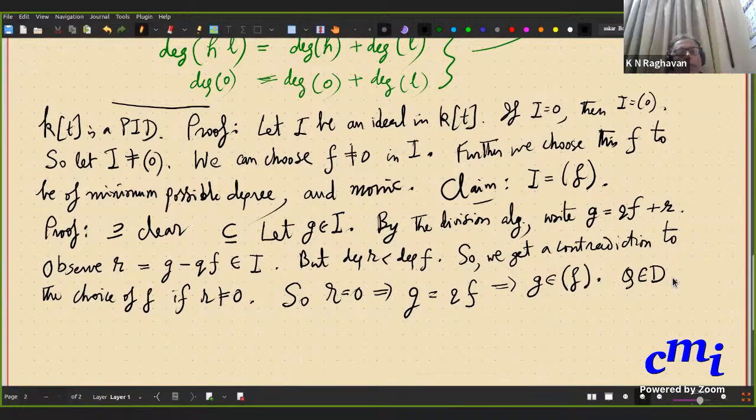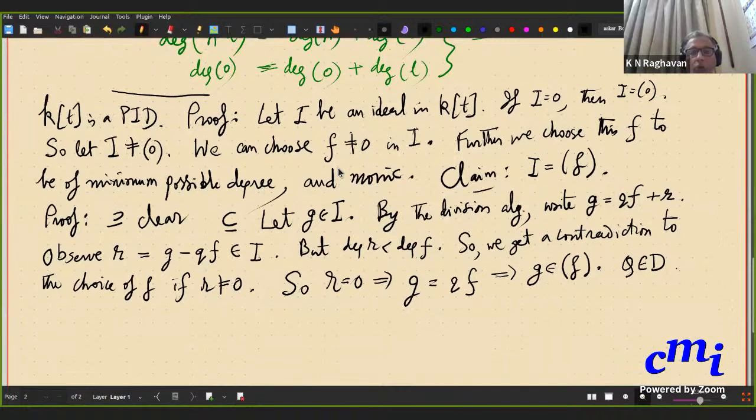What is important in this proof is that you should pay attention to the little detail. I have chosen F to be non-zero here. I have chosen F to be of minimum possible degree and monic.